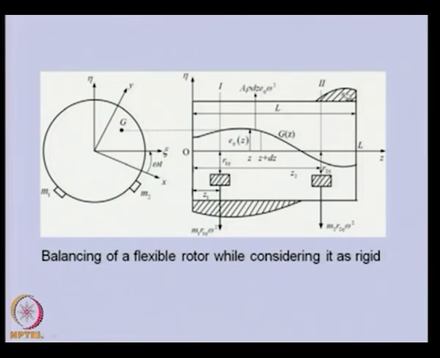So, this hatched line is basically a shape similar to the eccentricity, but opposite. If we can put some kind of continuously varying correction mass like this, then we can balance this rotor for each and every slice of the rotor.